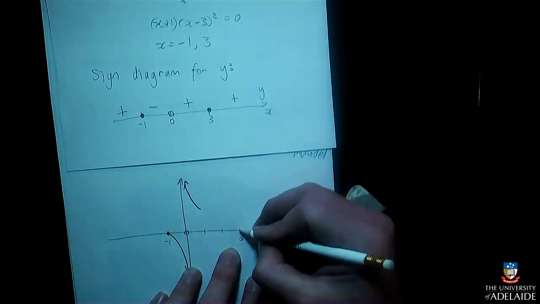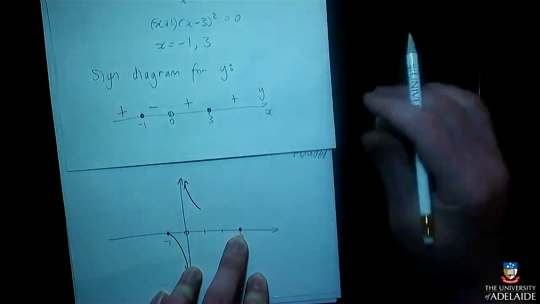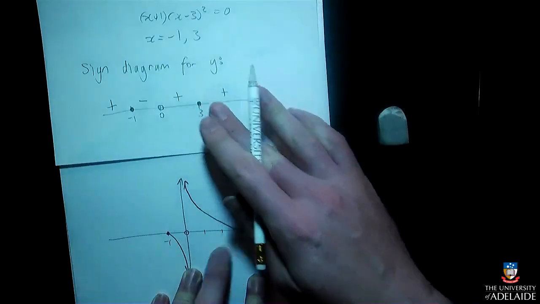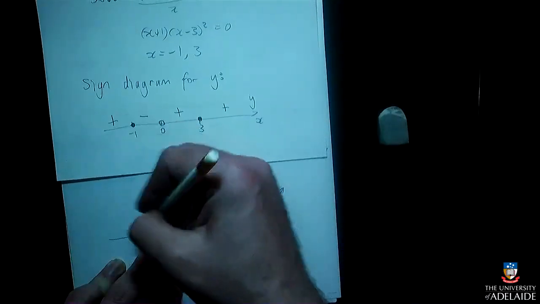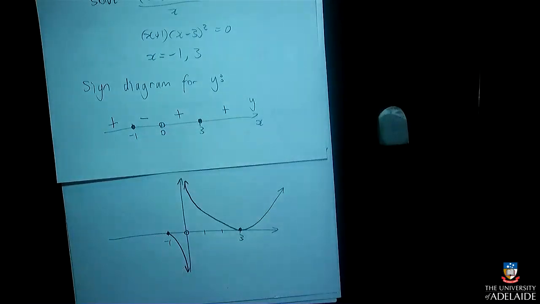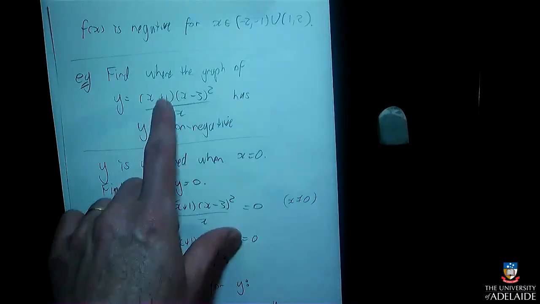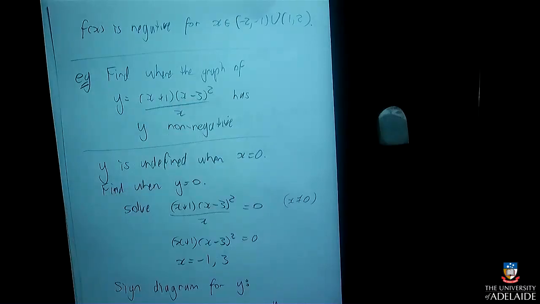Now I do know it touches the x-axis here, and then it stays positive. And so it's actually going to come down here and go back up again. And over this side it's positive. I don't really know what it's going to do over here, because I haven't investigated the other things about graphs that are coming. But I do know that when x is shockingly huge, x plus 1 is almost the same as x. x minus 3 is almost the same as x compared to the size of x.